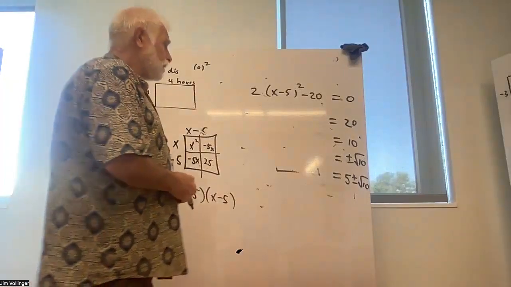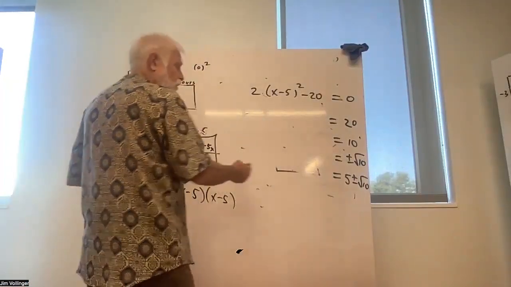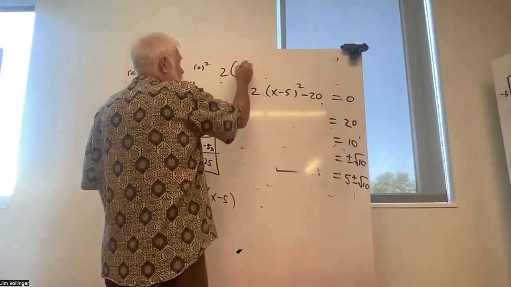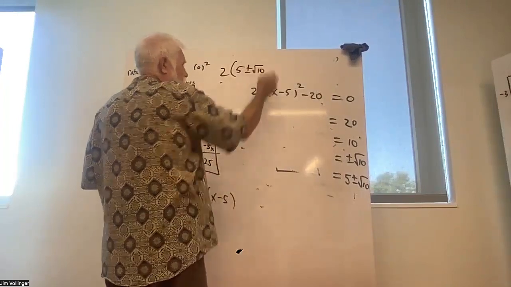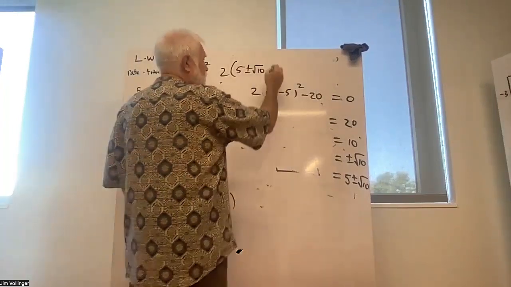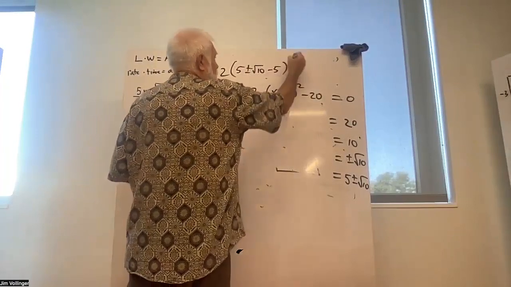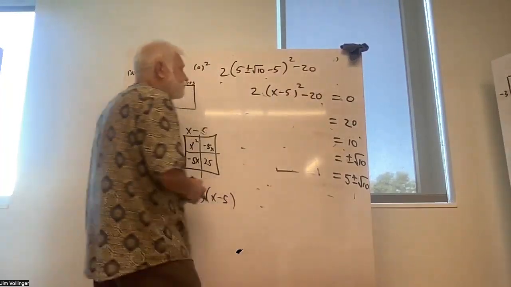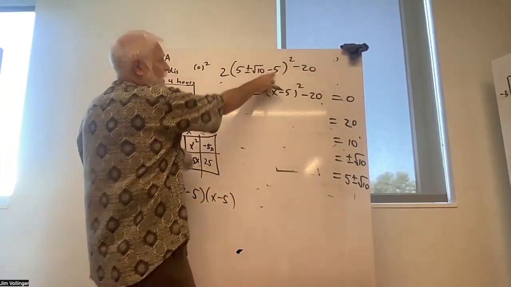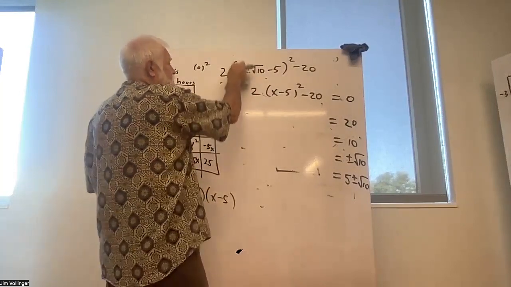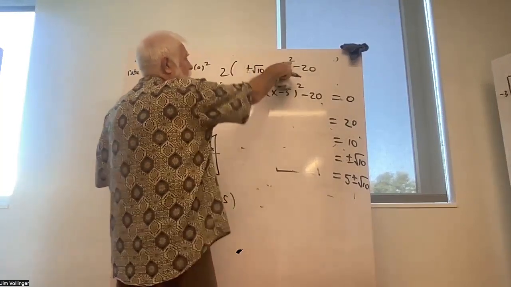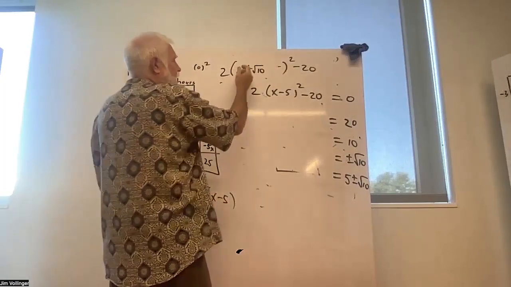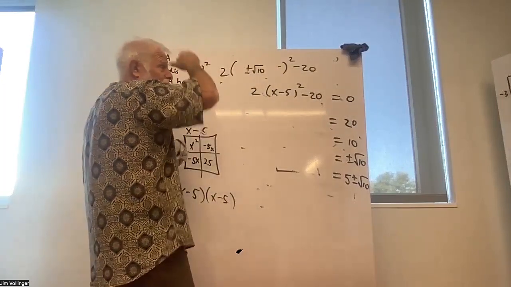All right. Then let's see if it works. 2 times 5 plus minus the square root of 10, minus 5 squared minus 20. Let's see what we get. Sure looks like the 5 minus 5 cancels. Sure looks like when you square a plus or a minus, positive times positive is positive.